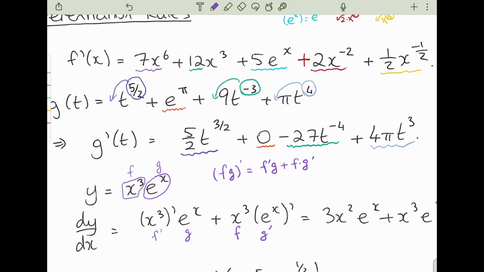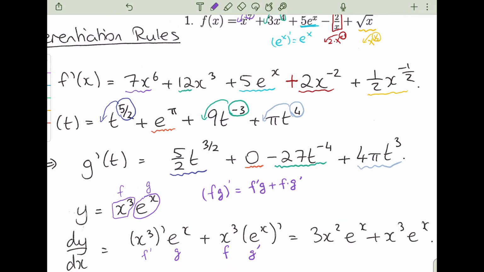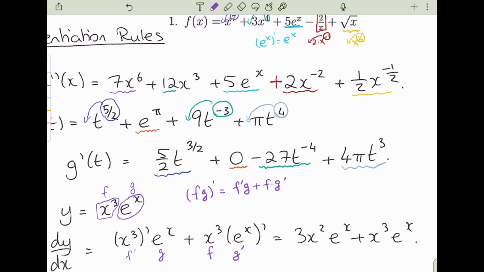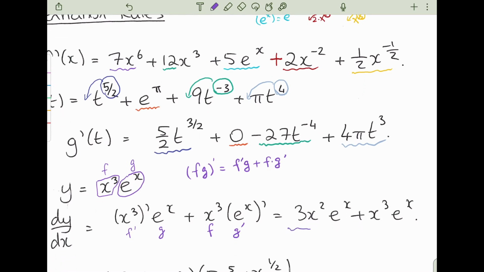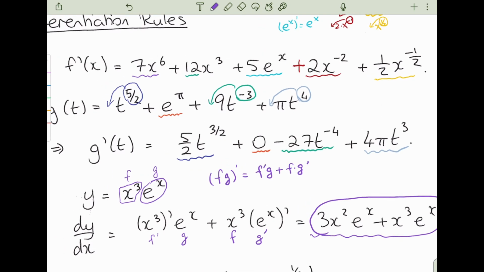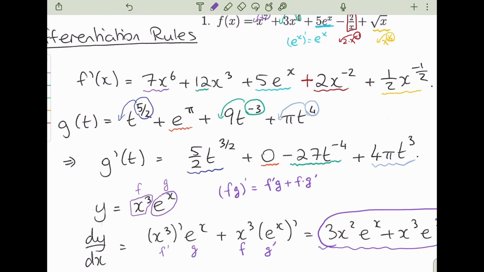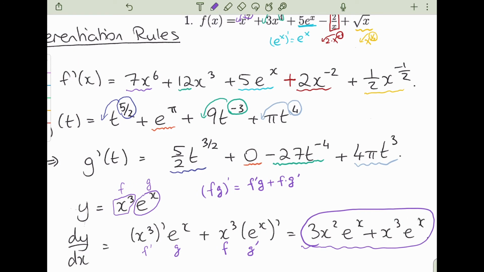For the derivative of f, we use the power rule as before to pull that to the front, so it becomes this 3x squared. And the derivative of g, that is e to the x, is e to the x itself. After that, this is the final answer. It's like combining the power rule and the product rule. Should not be too difficult to understand. That is our question 3.